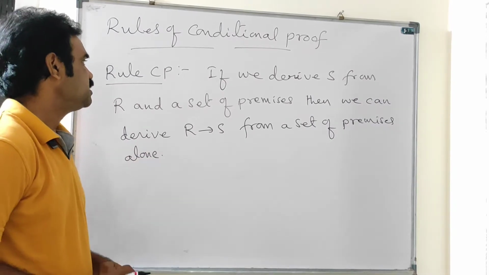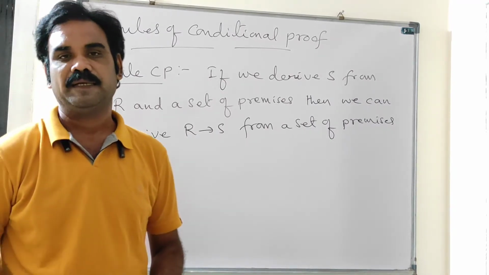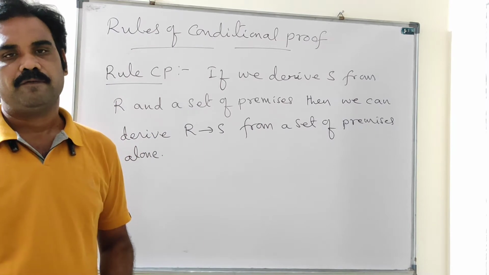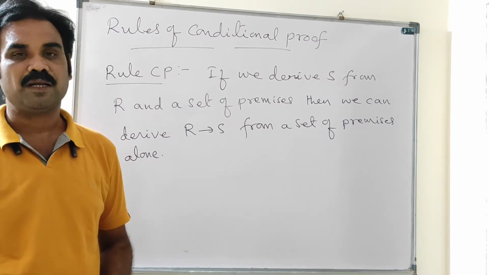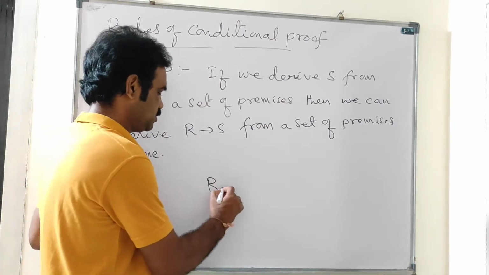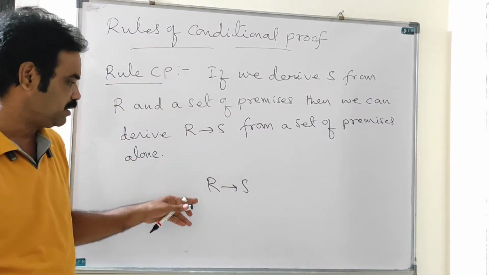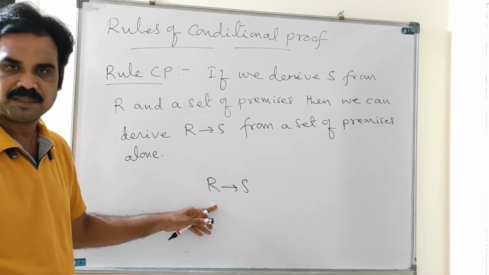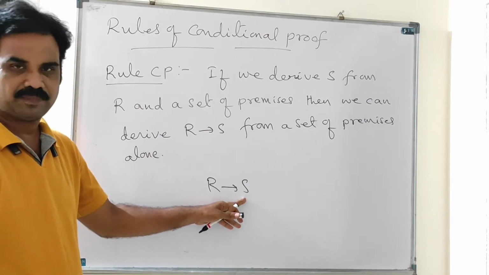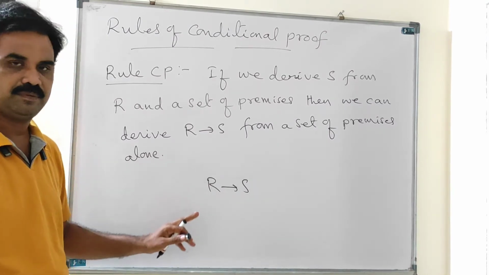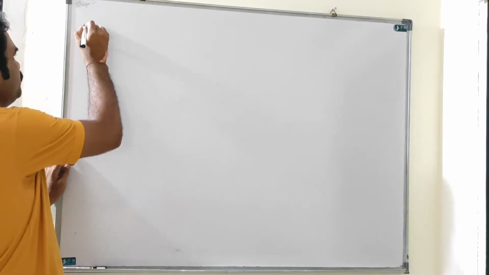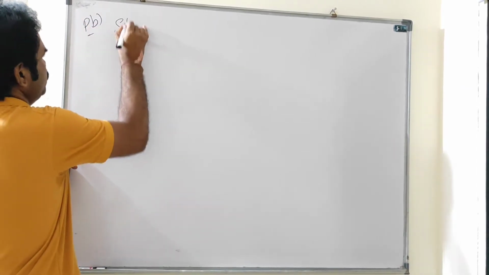Understand? Generally, rule CP is used in the case when the conclusion is of the form R implies S. In such cases, we take R as an additional premise and derive S from the given set of premises and R.